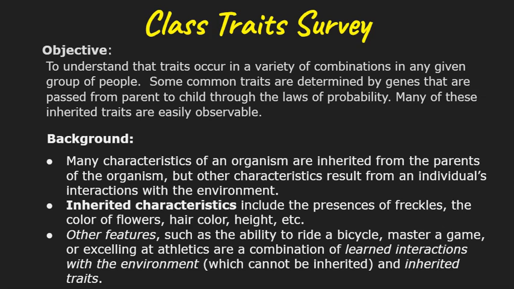It's not just environment, it's a combination of the two. You definitely inherit a more natural athletic ability, that kind of thing. And it doesn't mean these people don't work hard to get where they are, but a lot of people can work hard and don't end up being pro athletes. There is a genetic aspect to that.